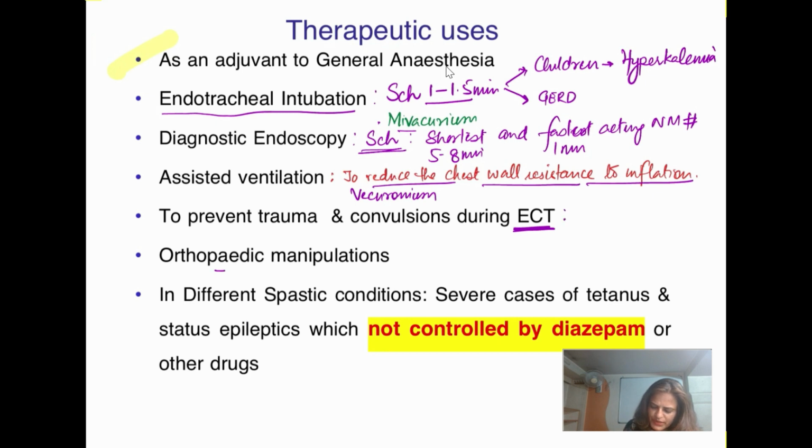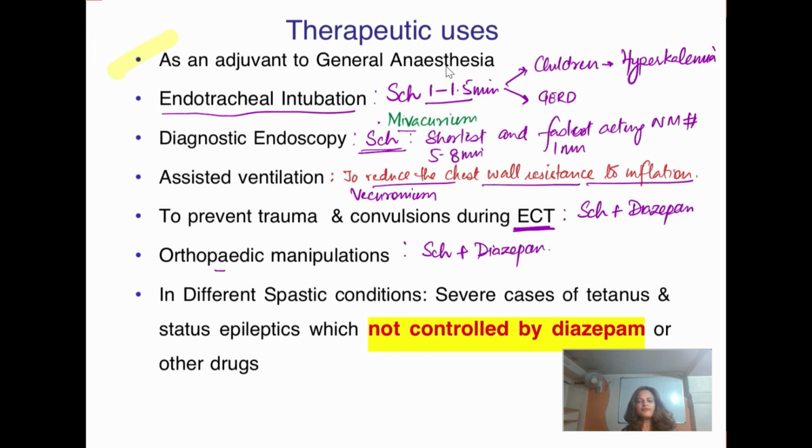So what we use here? Succinylcholine with diazepam. And the same combination we use in orthopedic manipulation, like if you want to reduce a fracture and any other orthopedic manipulation. So in any painful condition, यहाँ पे भी you are going to use the same combination, succinylcholine and diazepam.